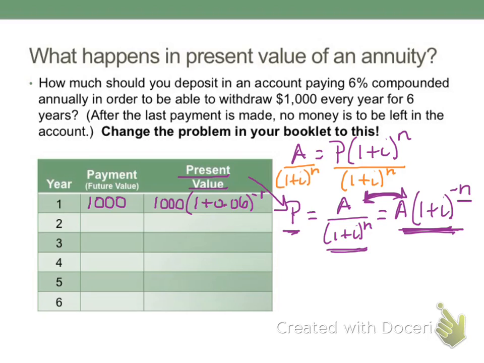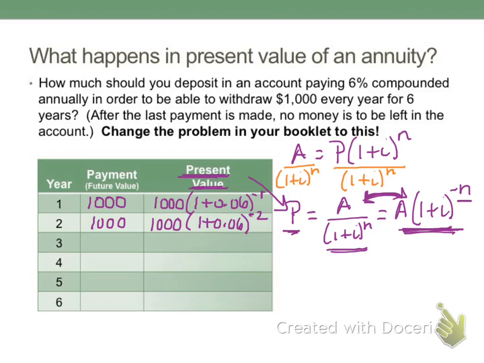Okay, so similar to what we did in the last video, let's just kind of work this out for all 6 years. So at the end of the second year, I want to be able to make a $1,000 payment. So how much do I need to put in right now as the present value to be able to do that in 2 years, to make that $1,000 payment? So that $1,000 payment is going to have 0.06 added to 1, but now it's going to get 2 years of interest included in that.